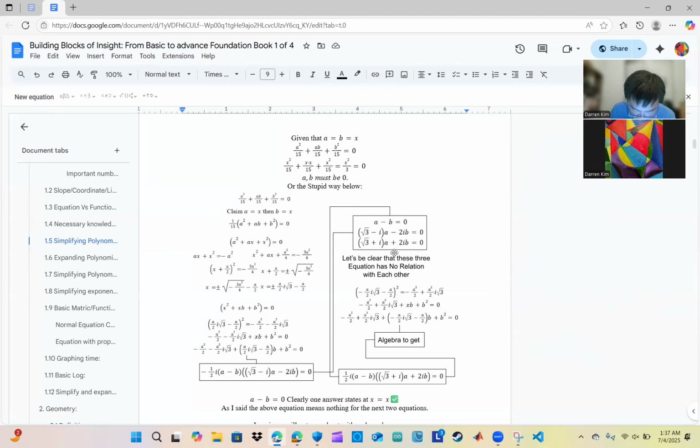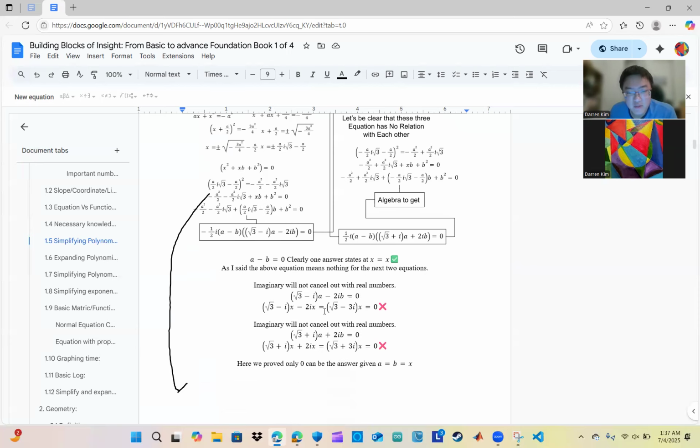Now, imagine if you were to do this painful stuff where you claim that b equals x and y equals x. It's so stupid, but it has only one reason I want to keep it. It's the idea that imaginary cannot cancel out with real.